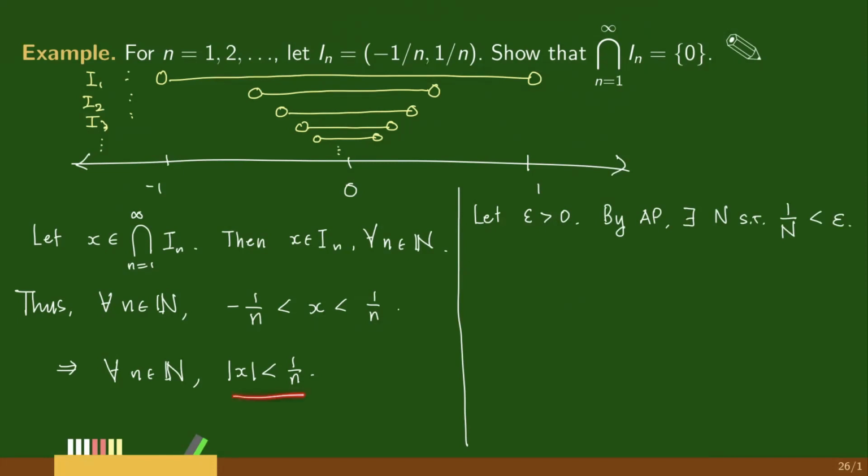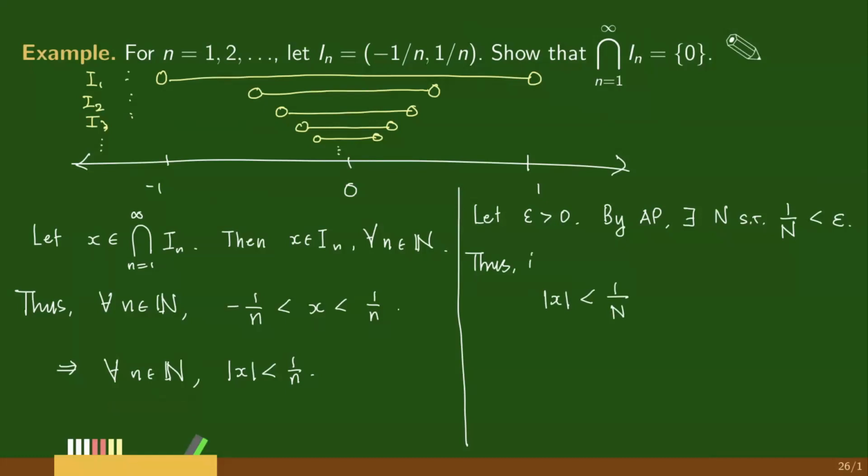Because this is true for all natural number n, and n is a natural number, mag-follow na yung absolute value ng x is less than 1 over n in particular. Kasi this is true for all n di ba?